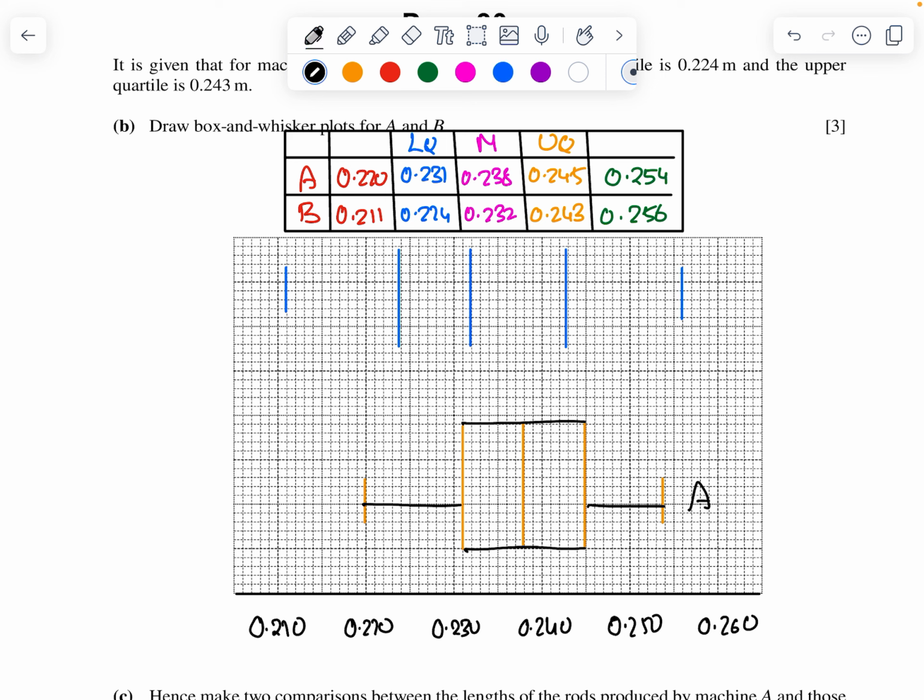Now we complete the box for it and get the whisker. So this is B.